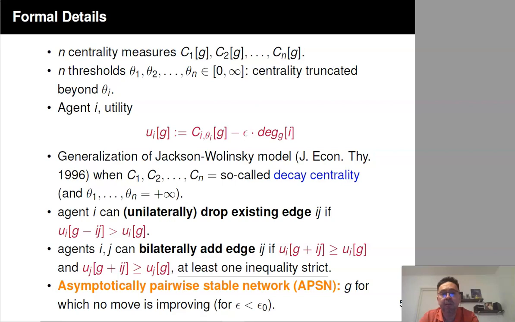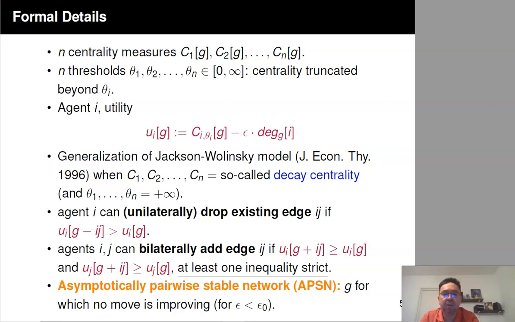These can be either positive real numbers or plus infinity. Basically, an agent doesn't care about its centrality being over theta i. The utility of a given agent is given by the value of its truncated centrality minus the total cost of the edges, which is just epsilon times its degree.